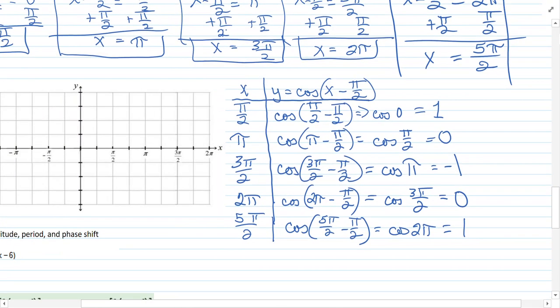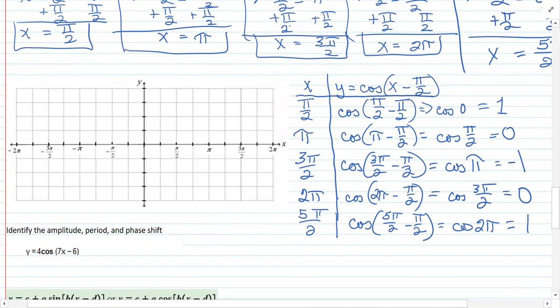All right, so I've got my values, and I'm going to plot them. And I'm starting at pi halves. At pi halves, I have, this is my 1. At pi, I have 0. At 3 pi halves, I have -1. And then at 2 pi, I have 0.